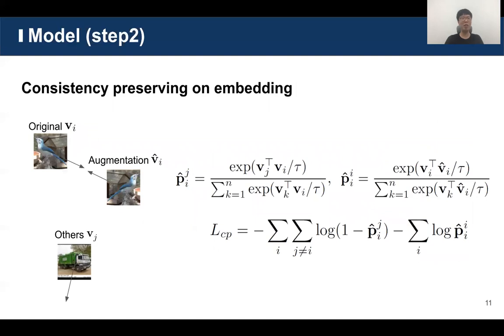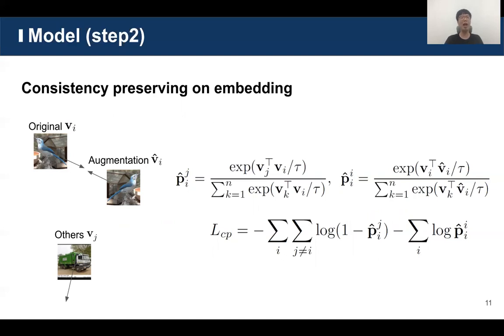Finally, to prevent the model from losing its representation power during the class assignment process, we introduce the consistency preserving loss. Let's assume v_i represents an image i and v_i hat the representation of its augmentation. Since augmented images have the same contents as the original ones, the similarity distance should be closer than for other instances.